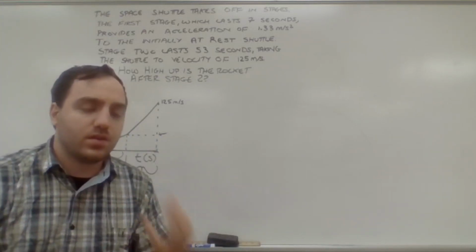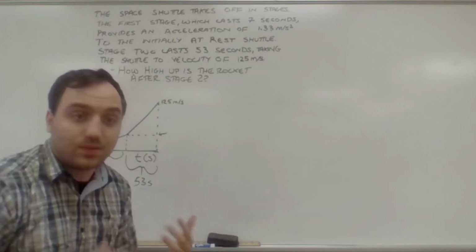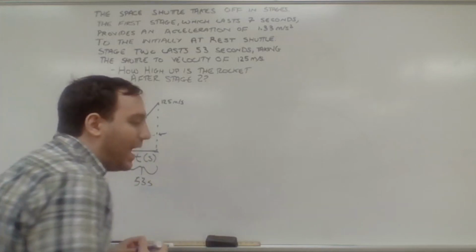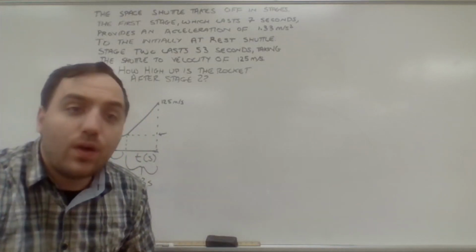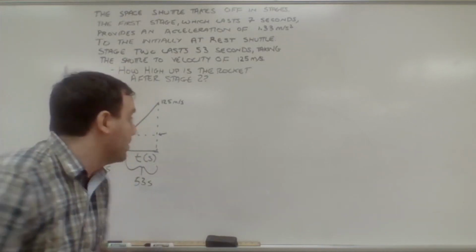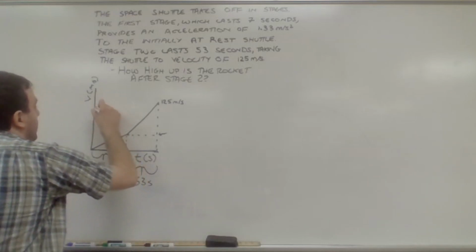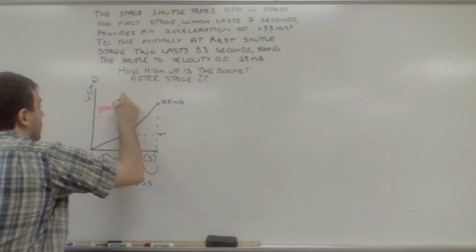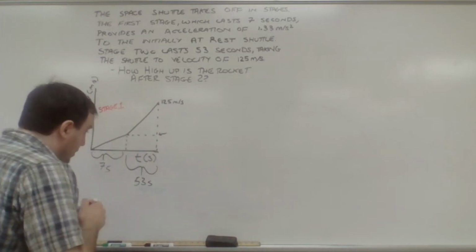But how would I do it as an equation? Well, there's a couple different ways. Regardless of how you handle this or think about it, you have to split it into 2 separate problems. You'll have stage 1, and then you'll have stage 2.